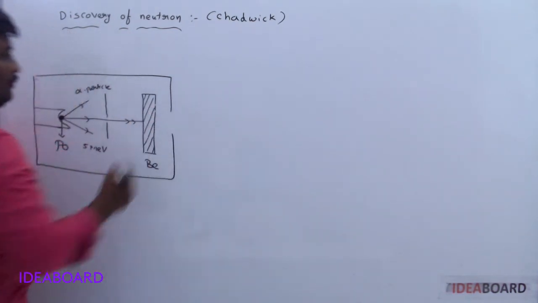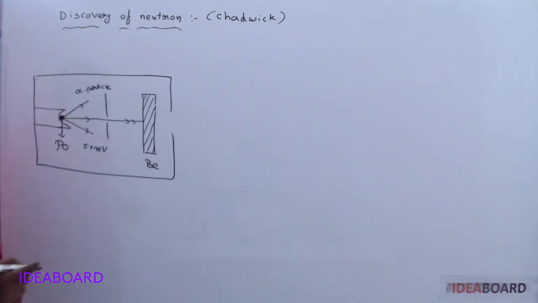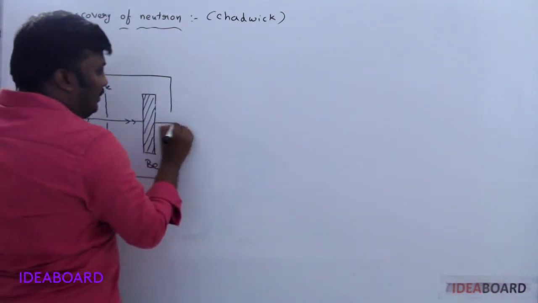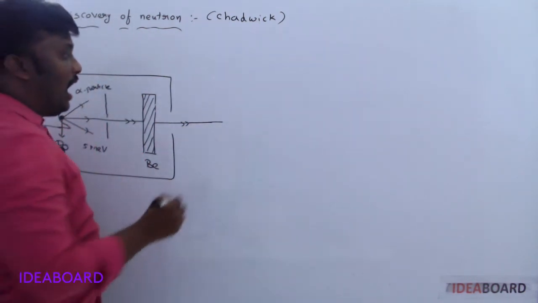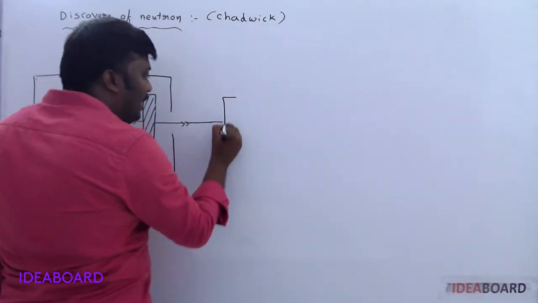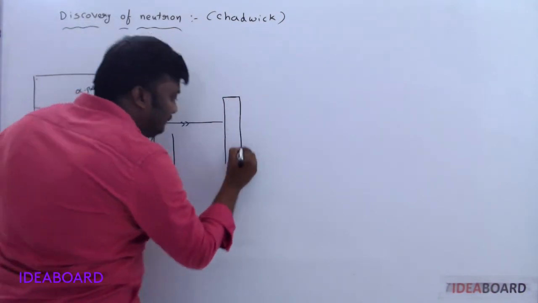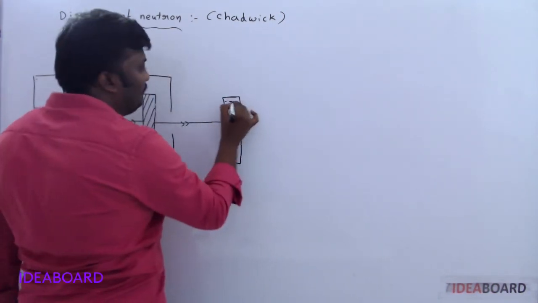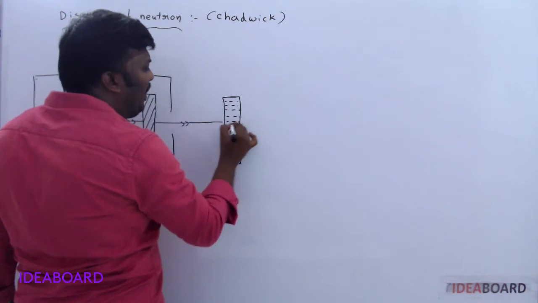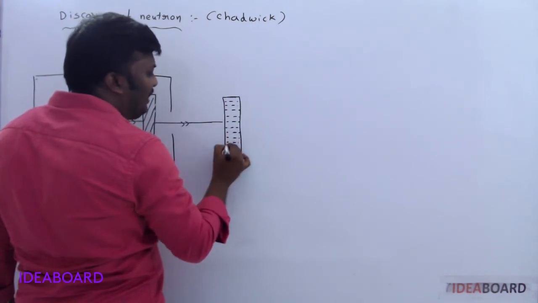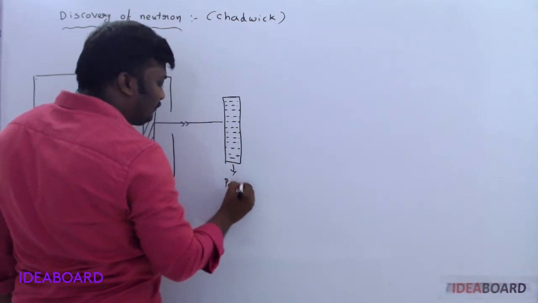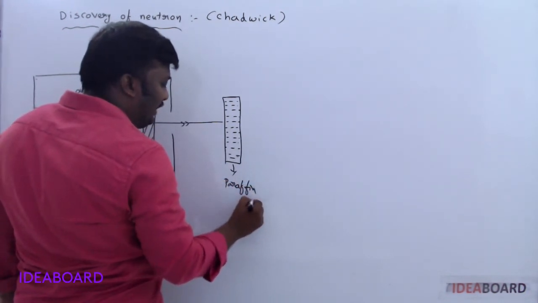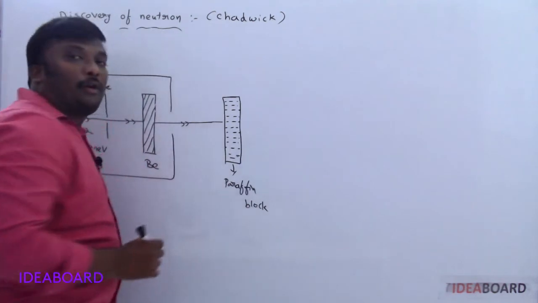Now the radiations released from the beryllium pass through the paraffin block. What is a paraffin block? Paraffin block is rich in hydrogen. It consists of a large number of hydrogen atoms.